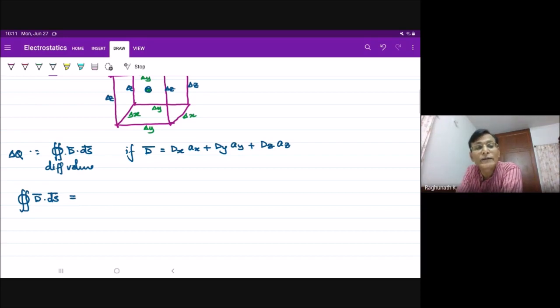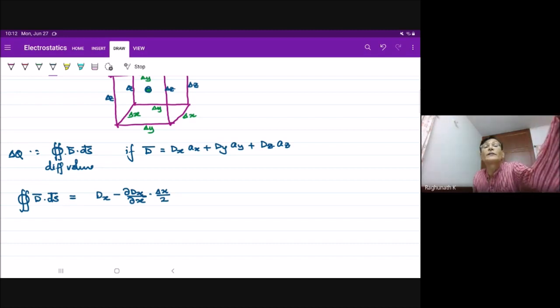What is it at the hind face? Please check it. Dx minus dou Dx by dou x, the f dash of that particular quantity, into delta x by 2, since I'm going just back from the center. F of x I know, f of x minus delta x by 2 I want. Correct only, no?